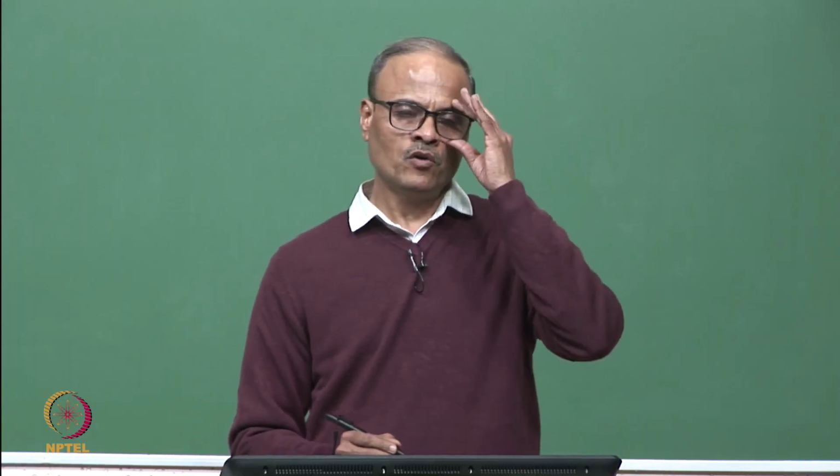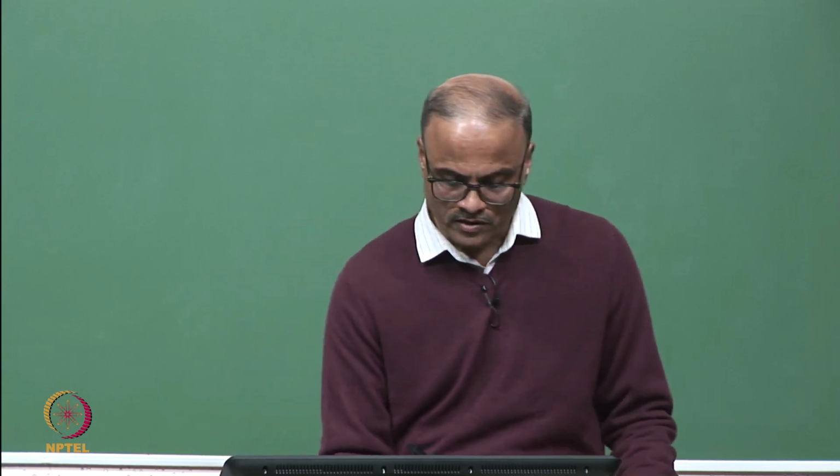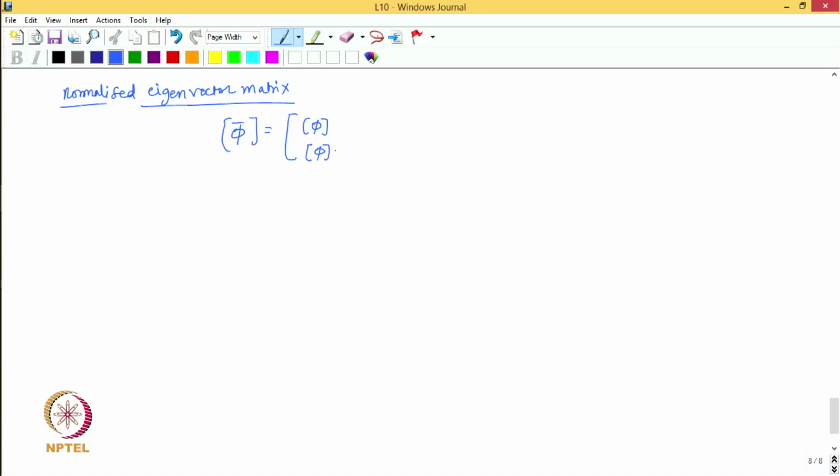One corresponds to displacement coordinate, the other corresponds to the velocity coordinate, and the velocity coordinates of the eigenvectors are related to the displacement coordinates by this relationship SR. And then the second set of n eigenvectors are complex conjugate of the first n eigenvectors, therefore, these are phi star n, and the velocity part of these eigenvectors would be the complex conjugate multiplied by the complex conjugate eigenvalues.